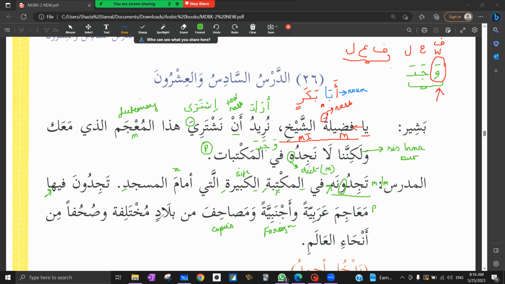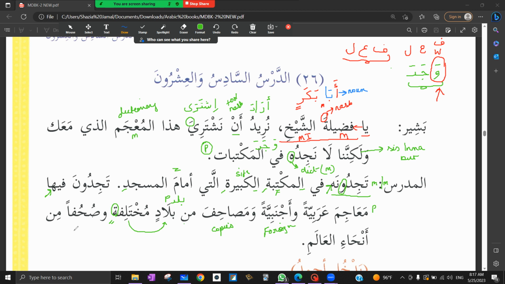Min biladin mukhtalifatin. Why? Because of the harf jar. And this is the sifa, you can say, for bilad. And this is the plural of balad. Balad means country. And since this is ghair aqil plural, the sifa is in singular feminine, mukhtalifa. Wa suhufan, the newspapers.